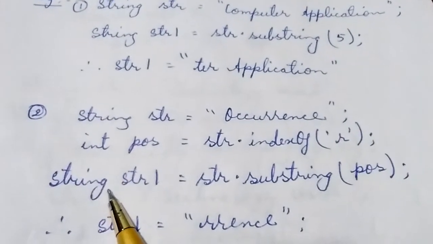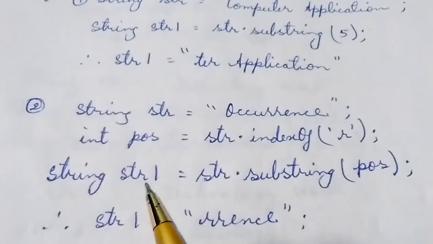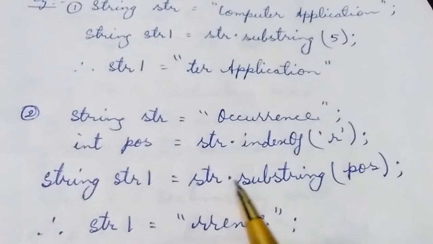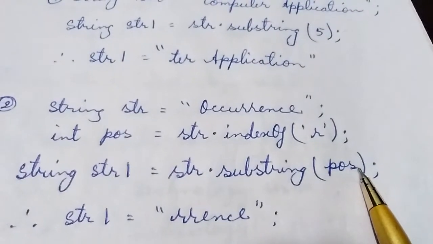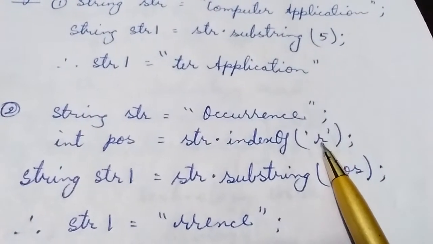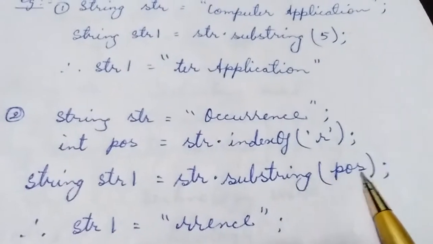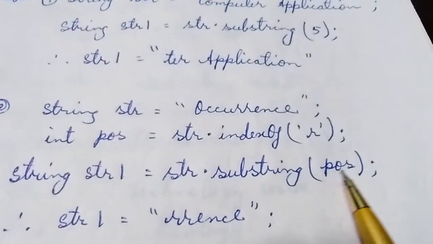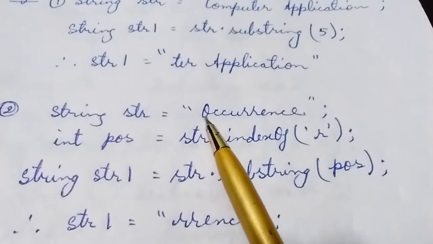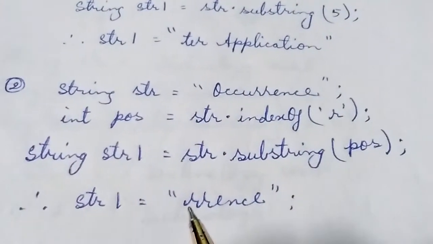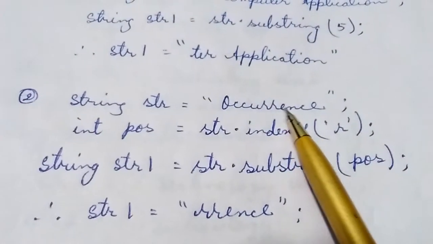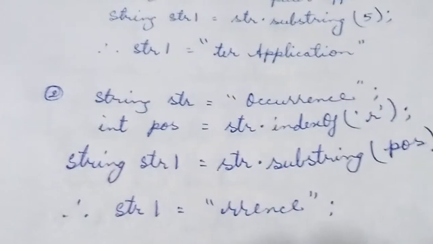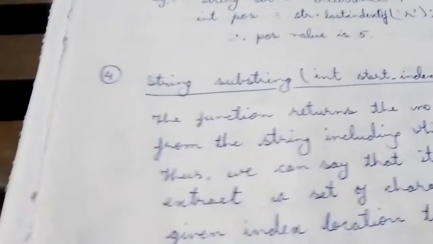Then we use the substring function by writing String str1 equals str.substring(pos). From pos, which holds the index location of r, substring will extract the string from the given string, and the answer is "rrence". So this is one type of substring.